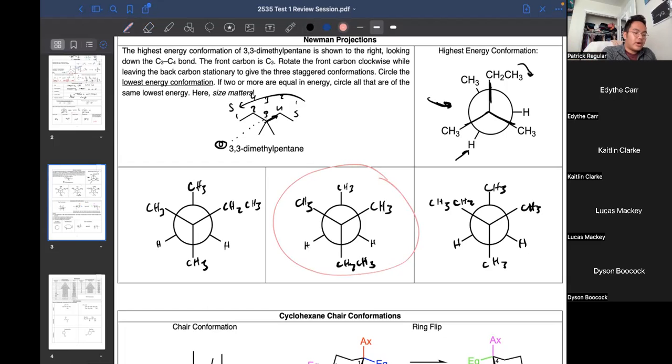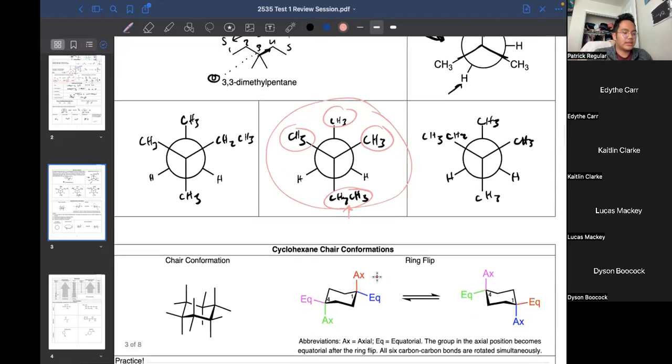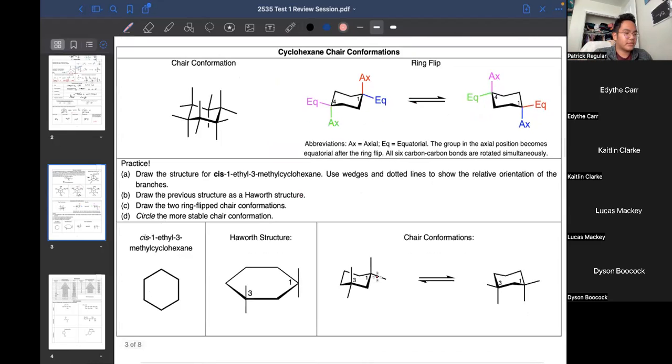We want the biggest group the farthest away from the other steric groups to minimize that steric strain. So even though this is not ideal because we have methyl groups around each other, the biggest one is the farthest away. So it is the most stable, with the least amount of steric strain.